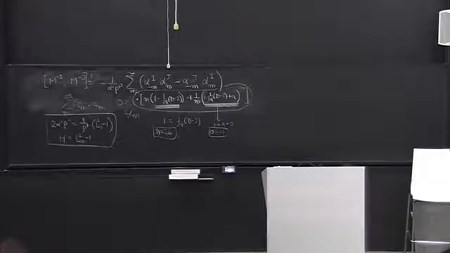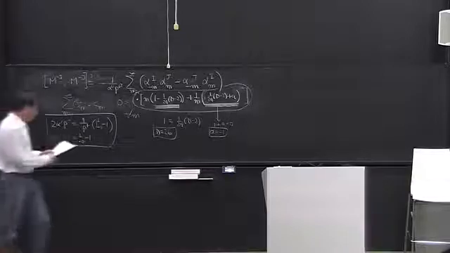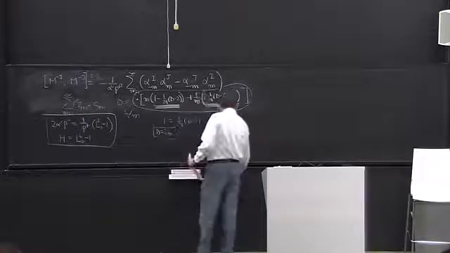So now that we have the Hamiltonian and the normal ordering constants, we can study the spectrum of the theory.